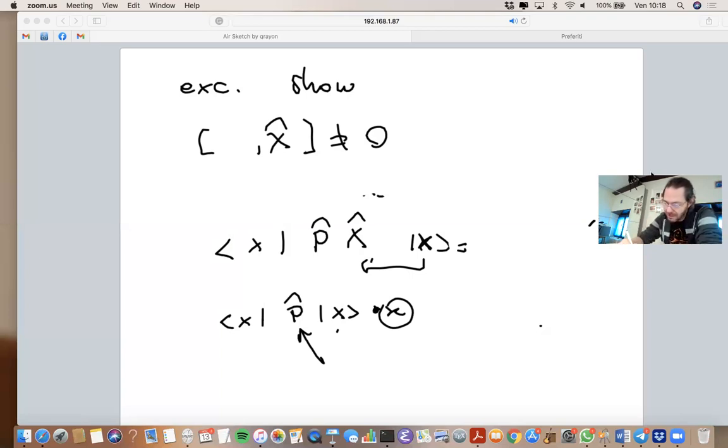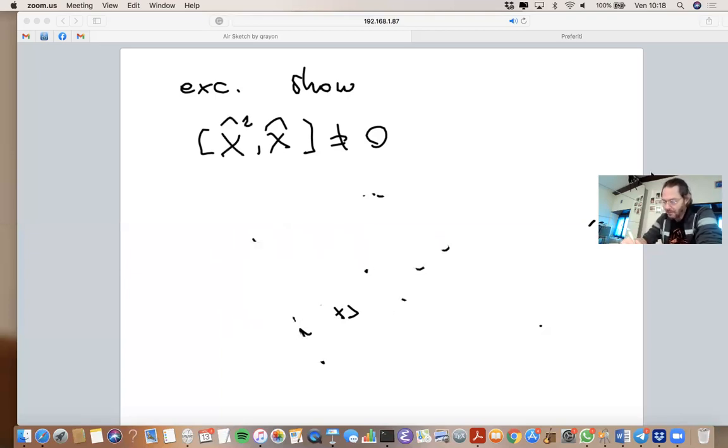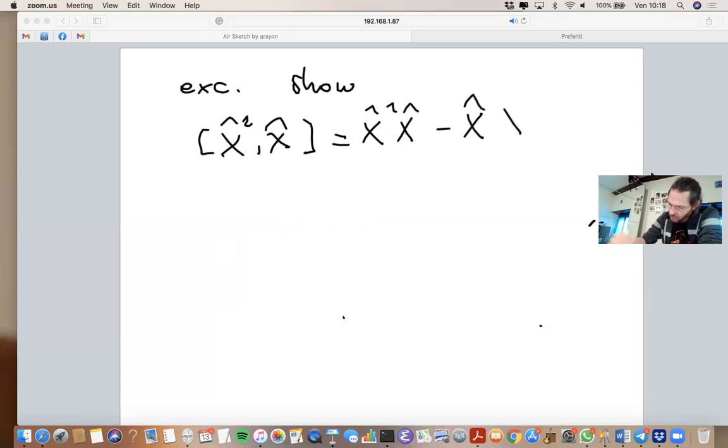In contrast, let's take two simple commuting operators, X and X squared. These are commuting. Why? Well, clearly because this would be X squared X minus X X squared, this is x cubed minus x cubed, this is 0. And see what happens. I have an eigenstate of x.